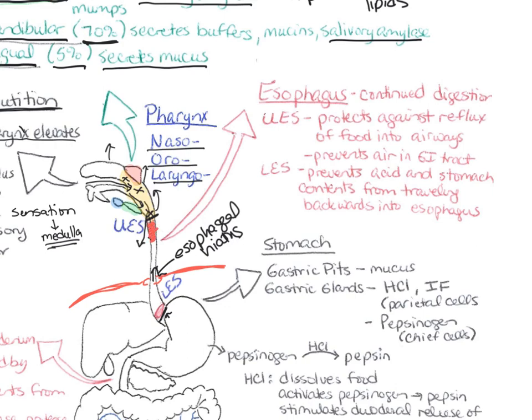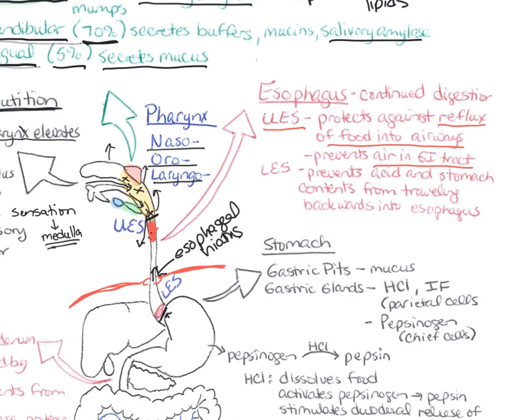And those smooth muscles form what's called the upper esophageal sphincter. The upper esophageal sphincter helps to prevent air from entering into the GI tract. It also helps to protect against a reflux of food moving into the airways.